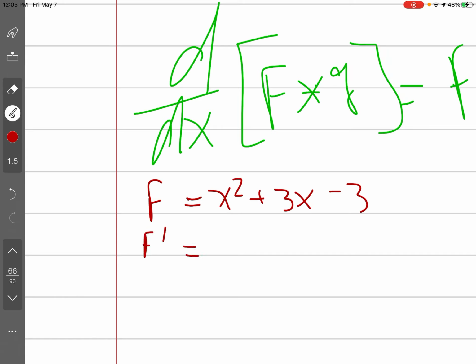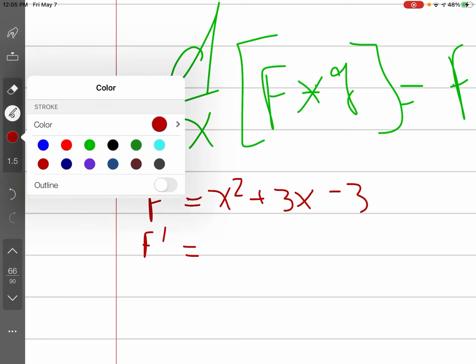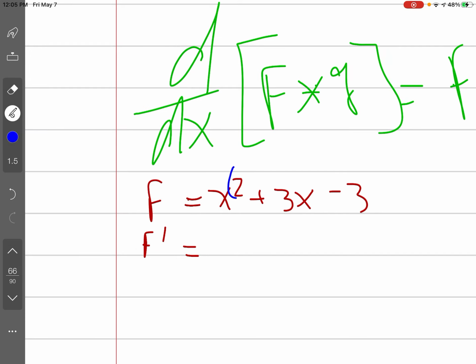So now I can find my first derivative. f prime equals, this is the other formula. We multiply by the power and subtract 1 from it. So 2 times x squared becomes 2 times x to the power 2 minus 1.